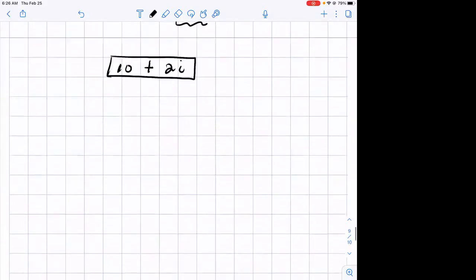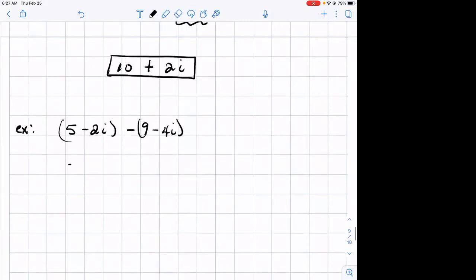If you look at another example, how about if I have 5 minus 2i minus 9 minus 4i. Okay. So as I said, think of this as polynomials, right? So if you want to get rid of the parentheses, right, this becomes 5 minus 2i minus 9 plus 4i, right, when you distribute.